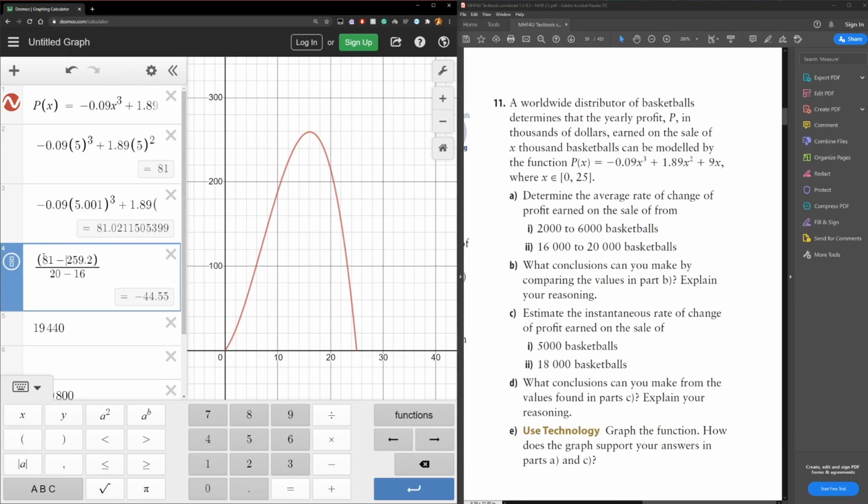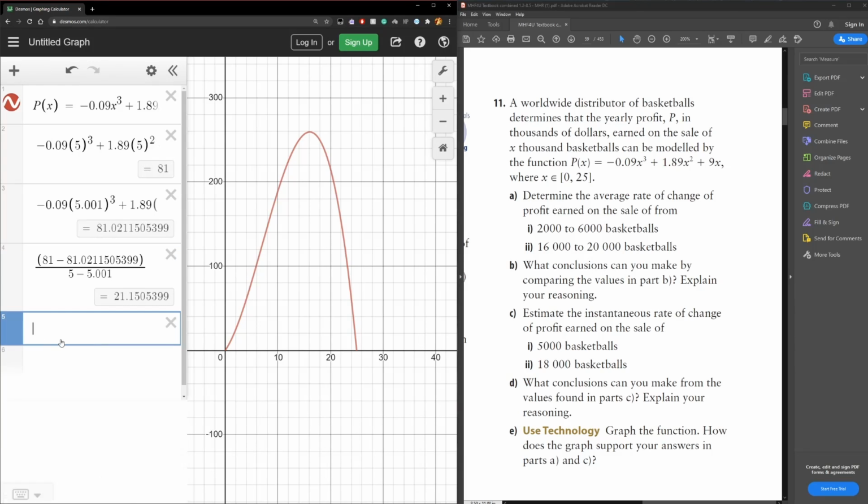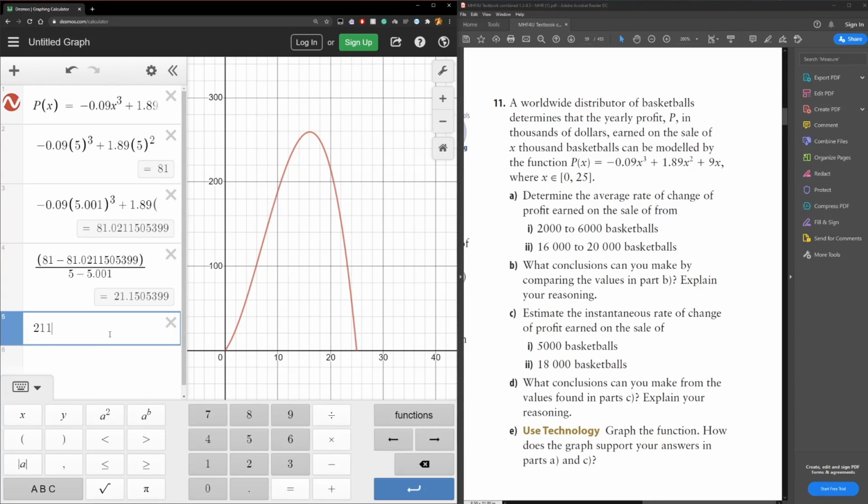We actually have 81 minus 81.02511505399. Your calculators won't be as precise as this one, so it's not like it matters, but there you go. It's around 21 times 1,000. We would get around $21,150.